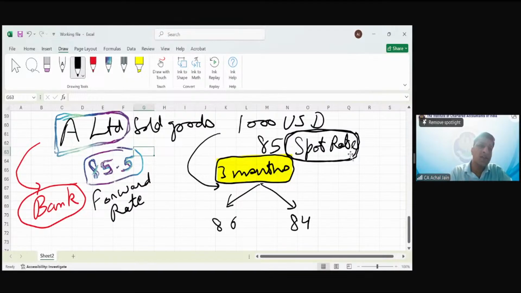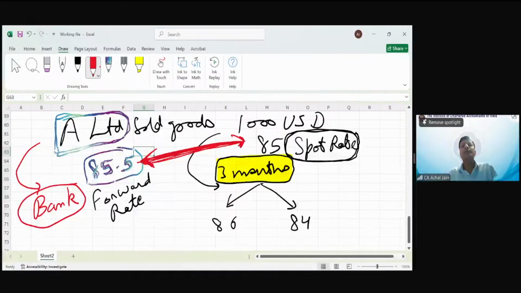So there is a cost you have paid to the bank, isn't it? Yes, sir. That cost of 0.5 is the cost which you are recording in your P&L over the period of the contract. So due to this cost, there's an expense, so there's a loss. Yes, sir, understood. Thank you, sir.